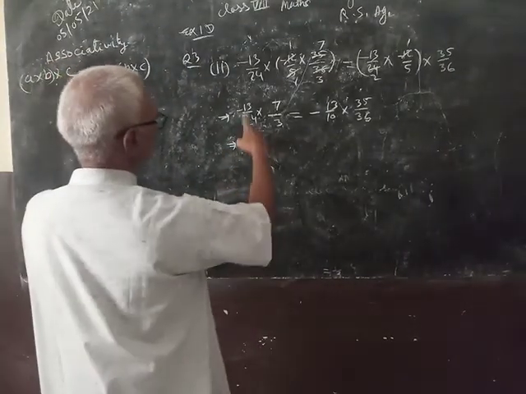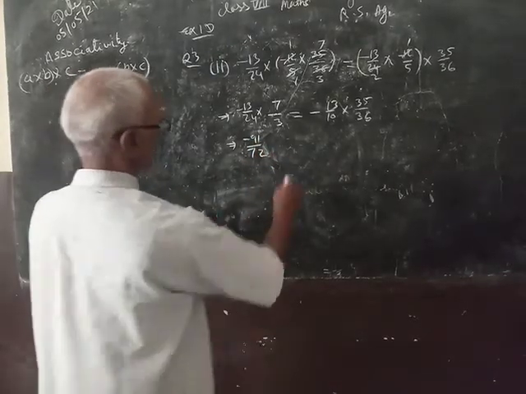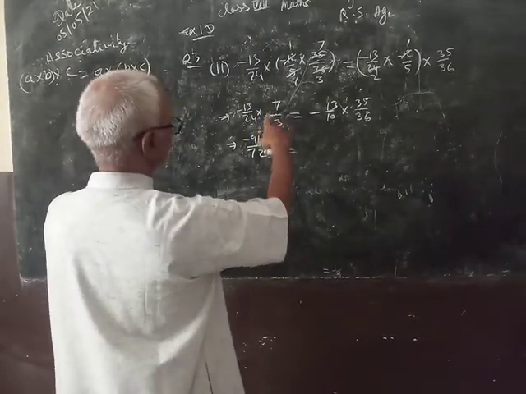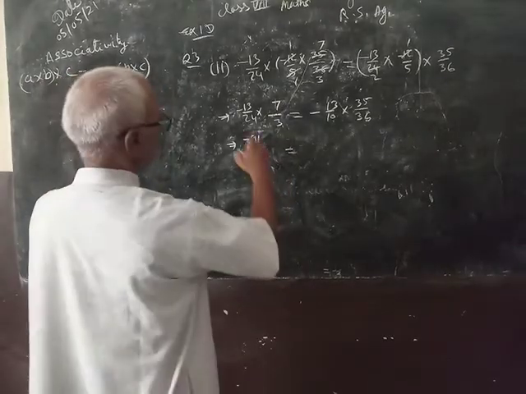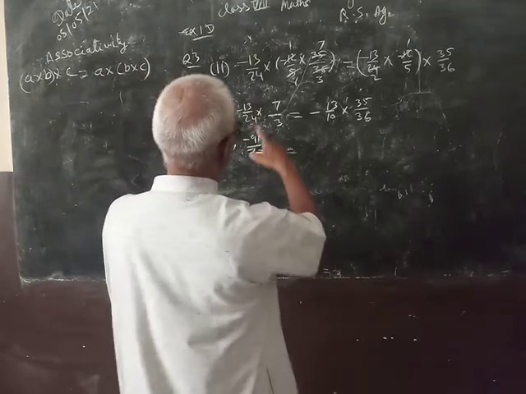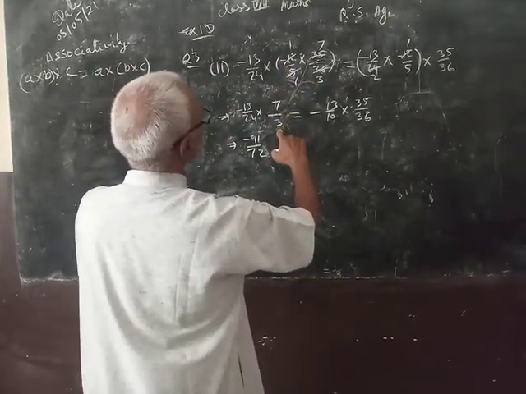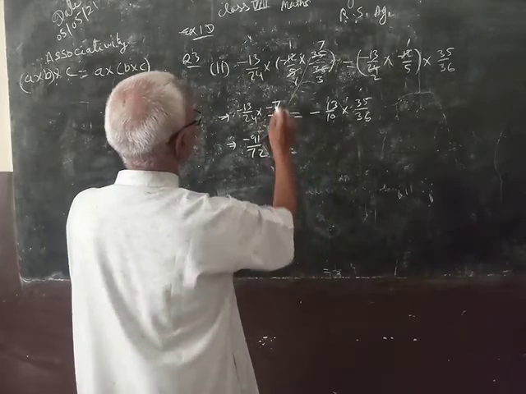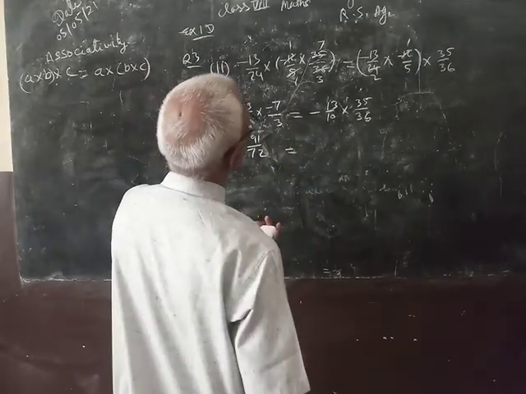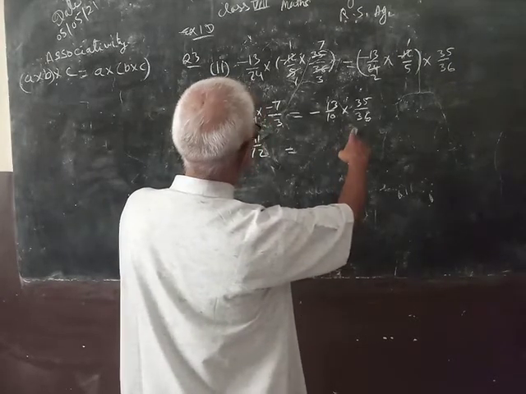This implies minus 91 by 72. Multiplication of 13 and 7 is 91. Multiplication of 24 and 3 is 72. So here minus into plus becomes minus. I am sorry, here it is minus and it is positive. Okay.